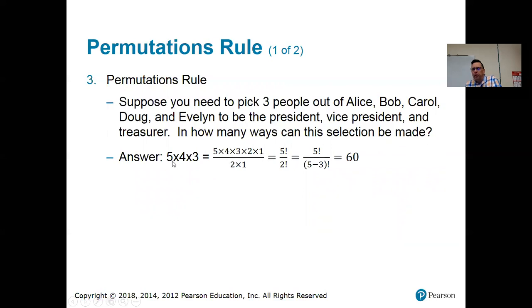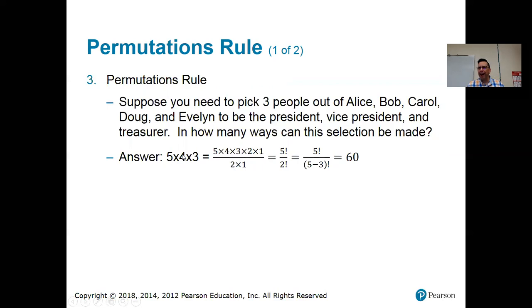So this 5 times 4 times 3 is sort of like a factorial, except you're not going all the way down to 1. To make this into a formula that I can write using factorials, I am going to go all the way down to 1, but then I'm going to make up for it by dividing out the numbers that I don't need.